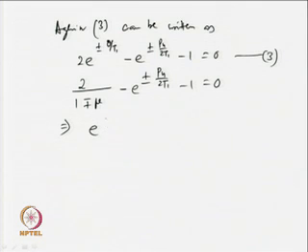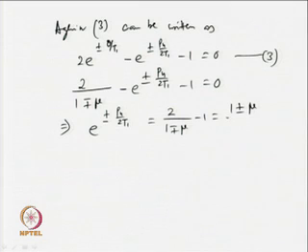That implies e to the power plus minus pu by 2 T1 is equal to 2 upon 1 minus plus mu minus 1, which is equal to 1 plus minus mu by 1 minus plus mu.